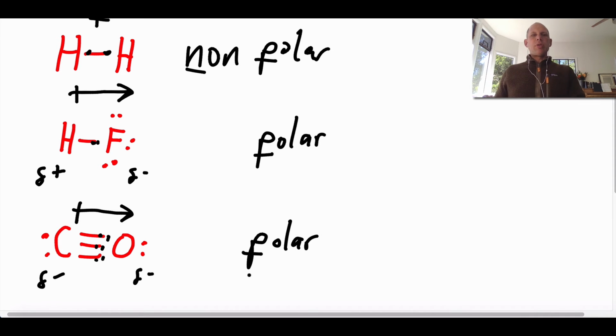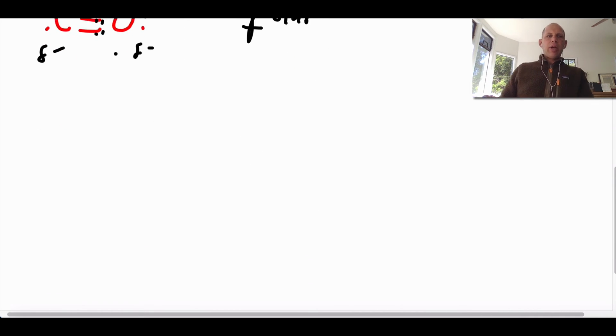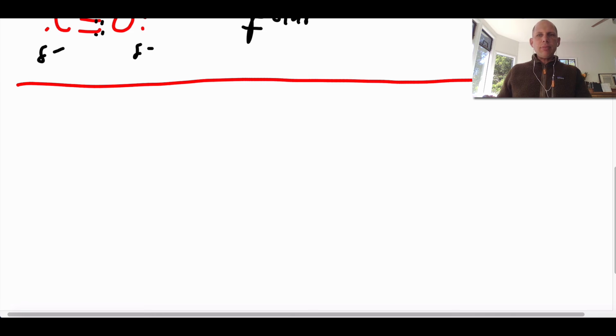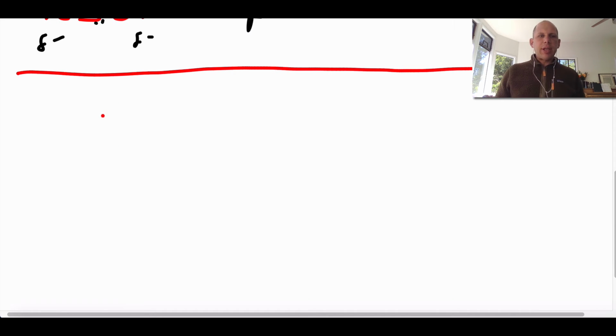Okay. So now let's take a look at what happens when we have that 3-atom model. Okay. So first off, let's look at something like CO2 that is linear.